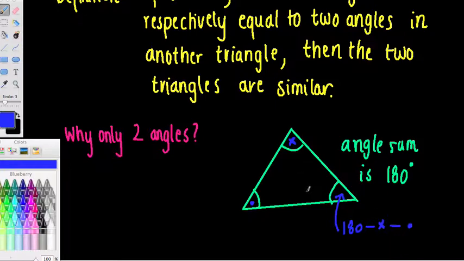Now that's true for every triangle. If you've got 2 of them, then of course the third one is determined. So if we've got 2 triangles and we've got 2 angles shown, the third one must be the same. I'll show you that in another diagram actually.